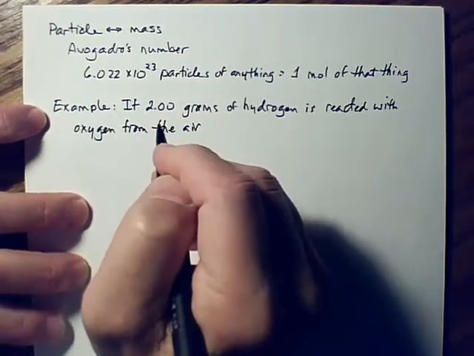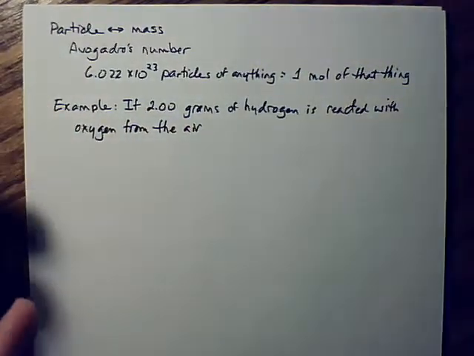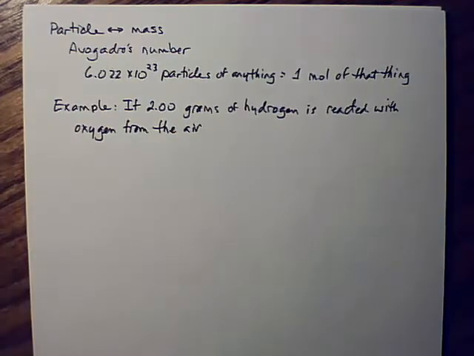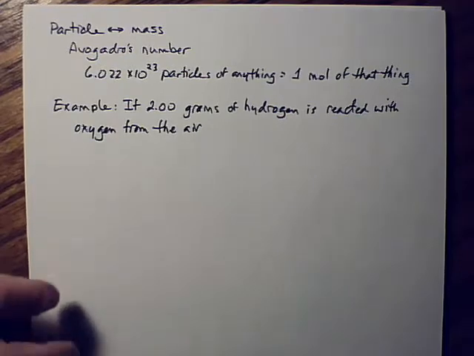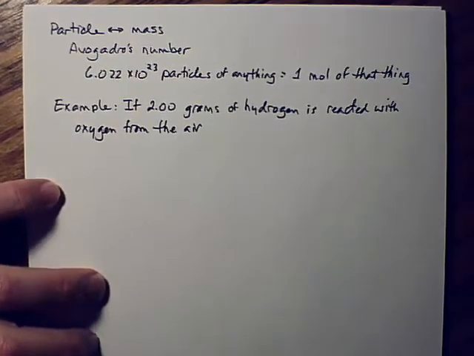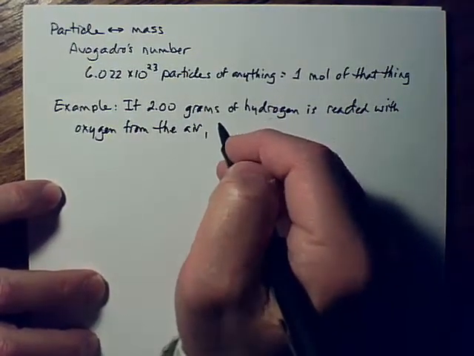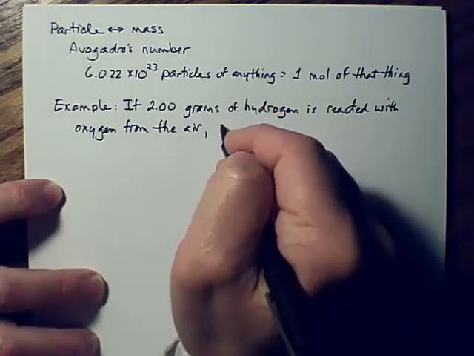So there's going to be plenty of oxygen here. We don't have to figure out what a limiting reactant is in this problem because there's more than enough oxygen in the air to react with a very small amount of hydrogen. So oxygen in the air, question is how many water molecules will be formed?